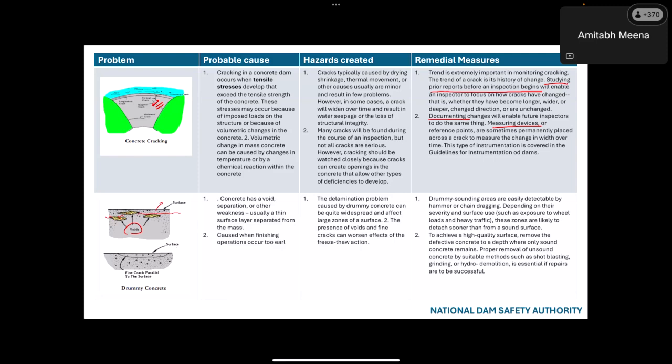So first we have to use the proper quality concrete mix, and if such a phenomenon is observed, then we have to do some cement slurry or epoxy surface filling, which can also fix this problem.